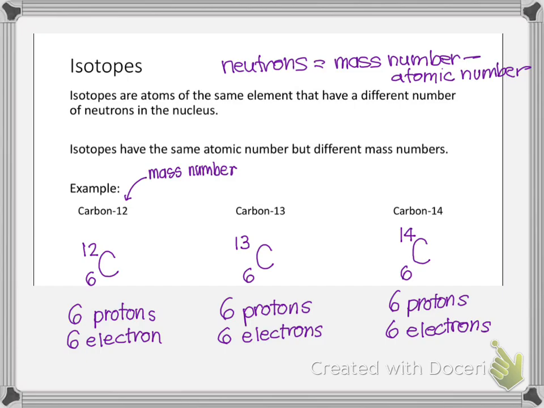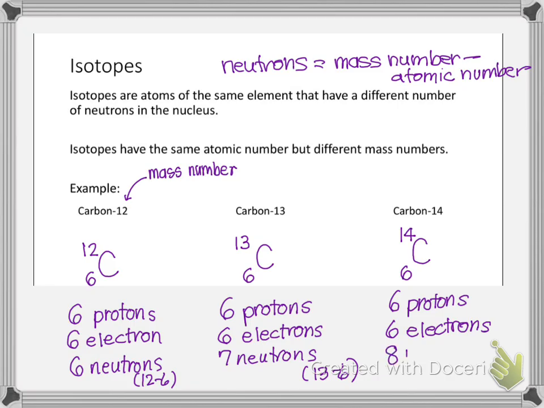So for carbon-12, it's 12 minus 6. So then that's 6 neutrons. And then carbon-13 is going to be 7. Right? 7 neutrons because it's 13 minus 6, because carbon-13 has a mass number of 13.